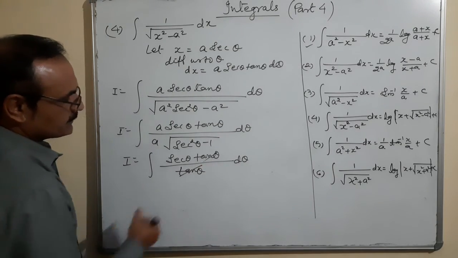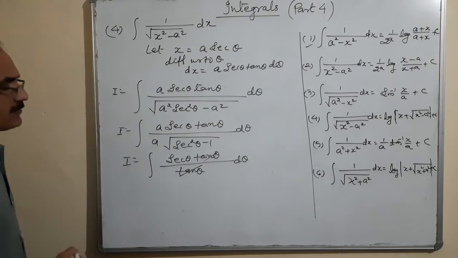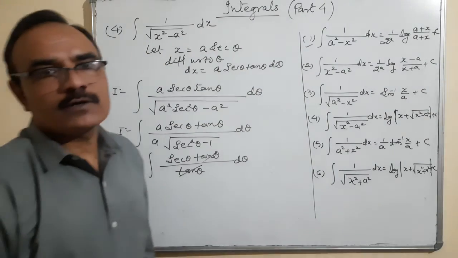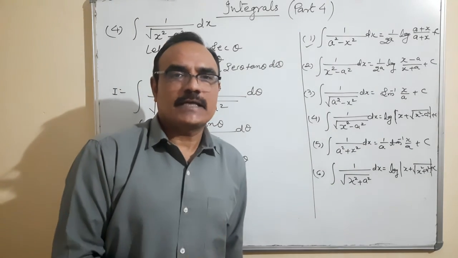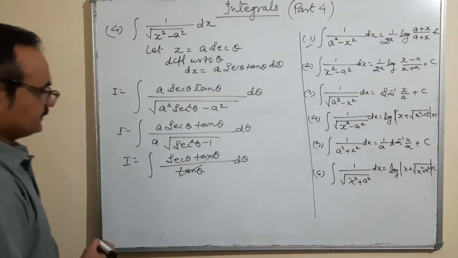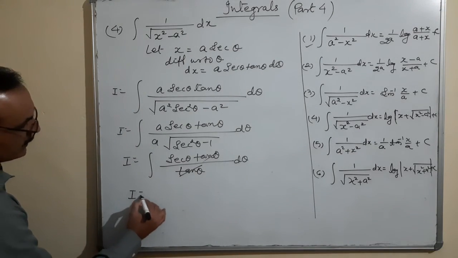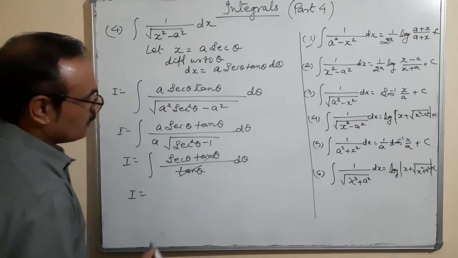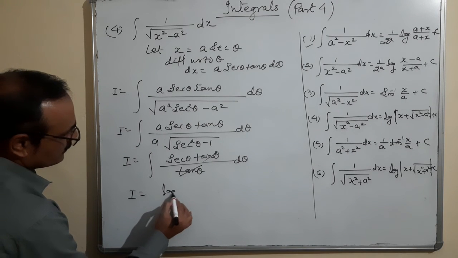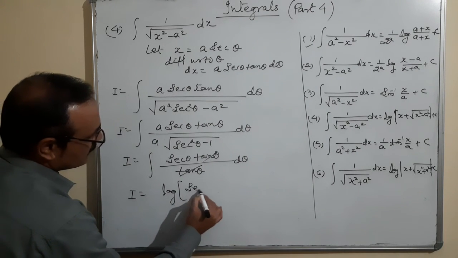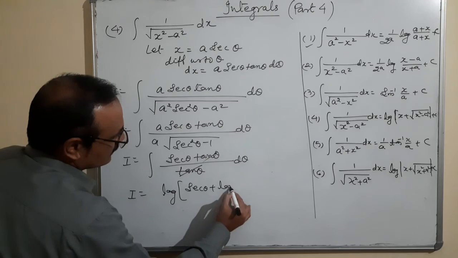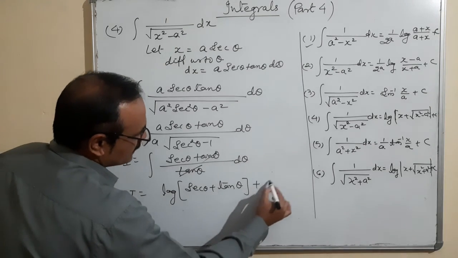Tan theta cancels. Integration of sec theta is log sec theta plus tan theta plus c.